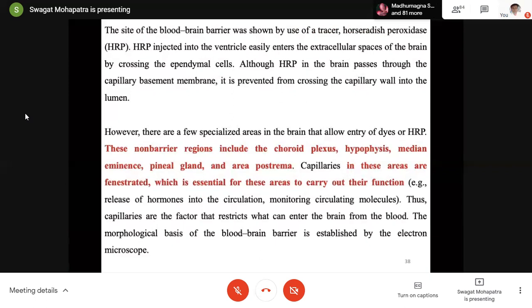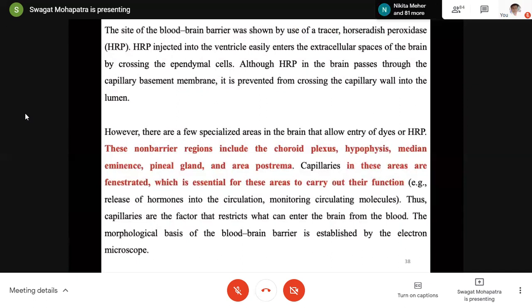Fourthly, the pineal gland. And finally, the area postrema. The area postrema is present at the level of the medulla oblongata, and its job is to help in the process of vomiting. To initiate vomiting, your vomiting center should realize that whatever is present in the blood is toxic to the body.